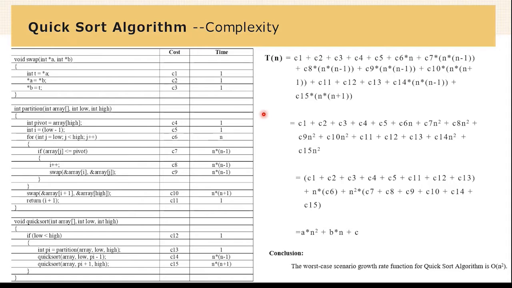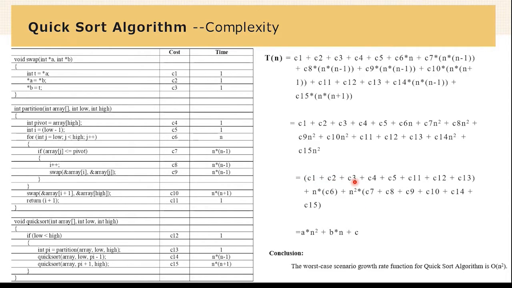For the second equation, I simplify it for easier viewing, so I remove the asterisk and bracket, as you can see here. And for the third equation, I factorize it.